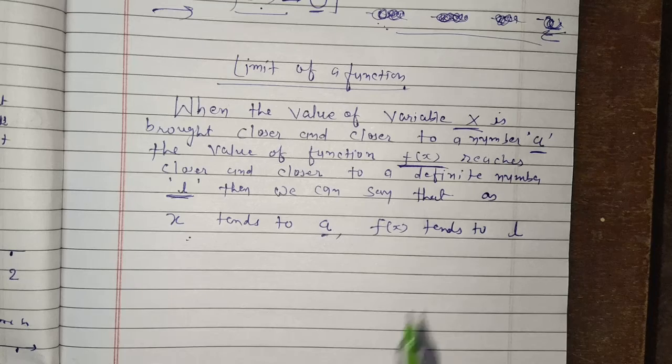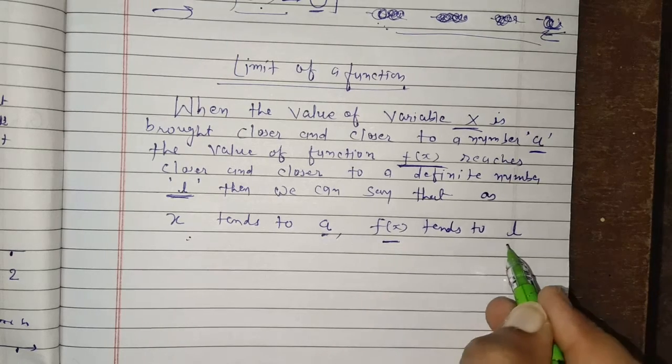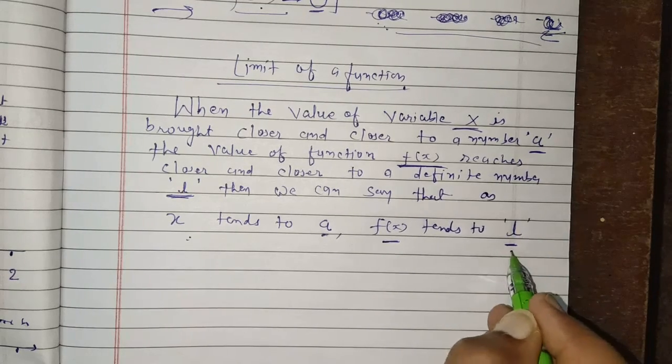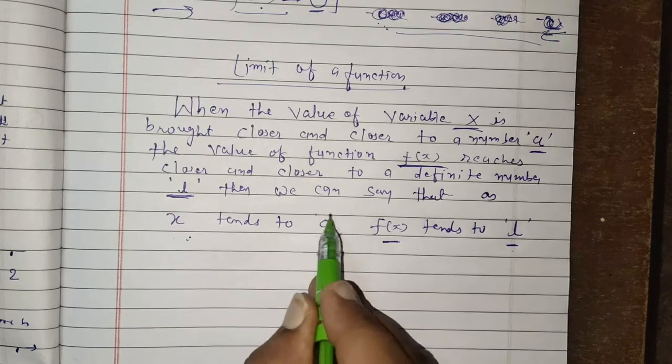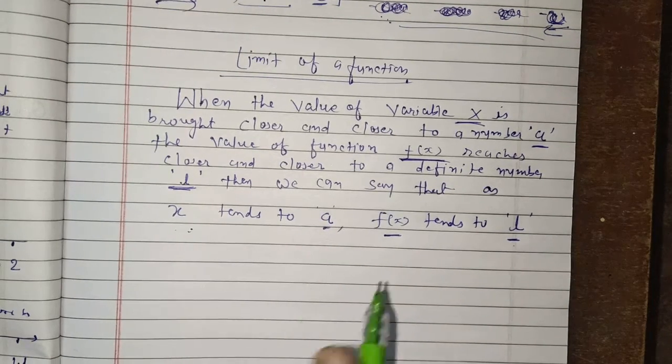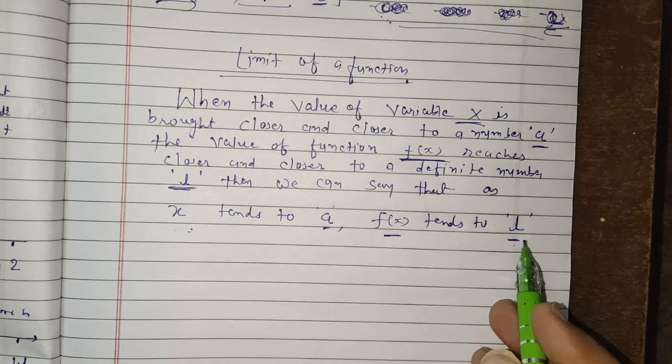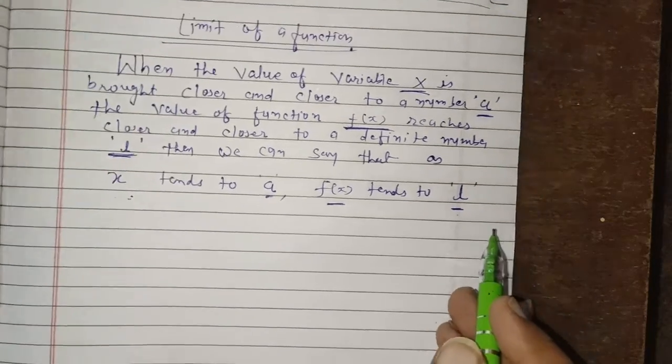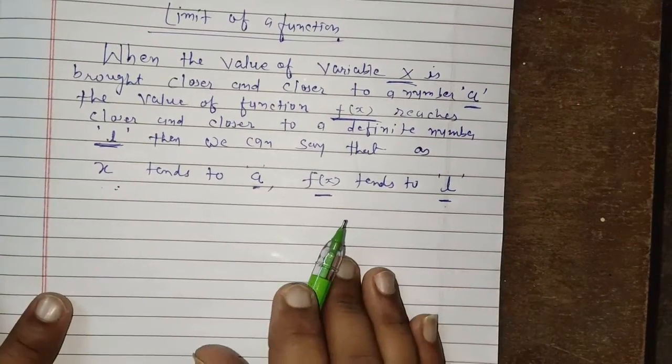f(x) की यानी कि हमारी जो फंक्शन की वैल्यू है वो कोई एक पर्टिकुलर वैल्यू हो रही है और x is brought closer and closer to a, then f(x) is also going closer and closer to a definite value l.